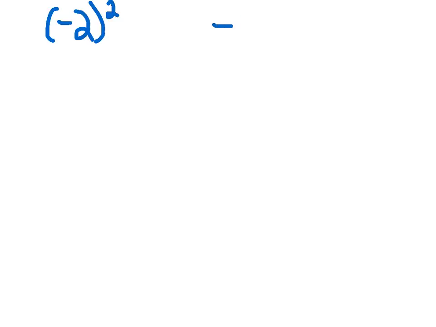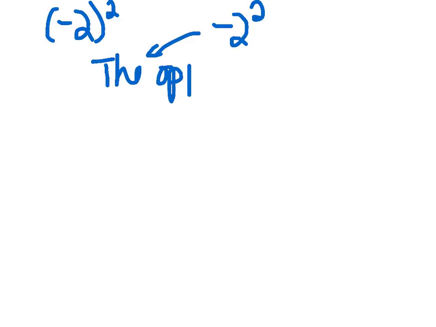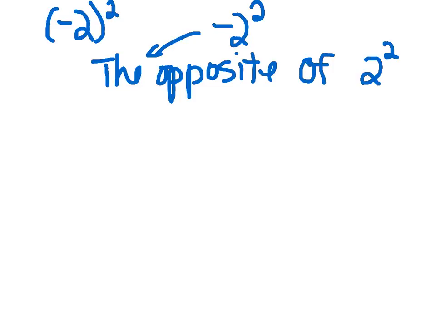On the other hand, if I write this, it means the opposite of 2 squared. Since 2 squared is 4, if I take the opposite, that means the answer is negative 4.